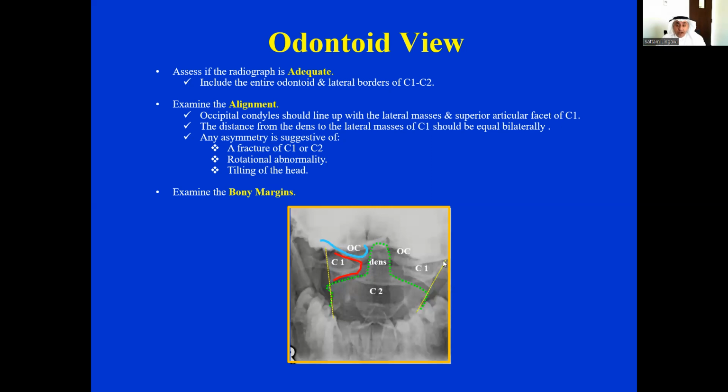Now, the outer border of the lateral mass of C1 should line up with the outer border of the body of C2 to make sure that there's no evidence of burst fracture of C1.